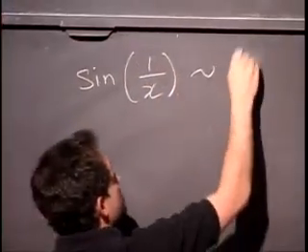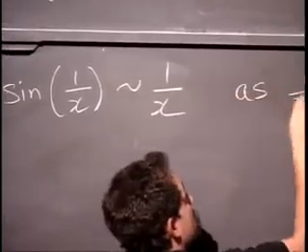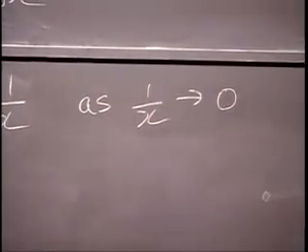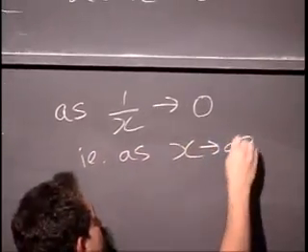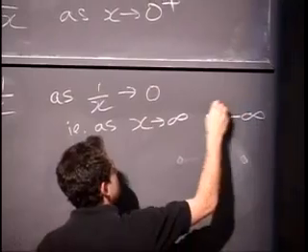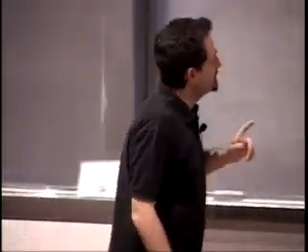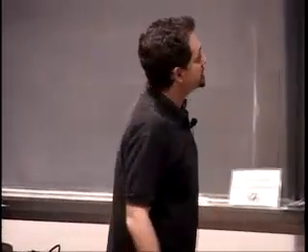Well, that's asymptotic to 1 over x. You've got to be a little careful here, as 1 over x goes to 0, i.e., as x goes to infinity or minus infinity. So sine 1 over x behaves like 1 over x, but not as x goes to 0, as x goes to infinity or minus infinity. So you've got to be a little careful when you substitute.